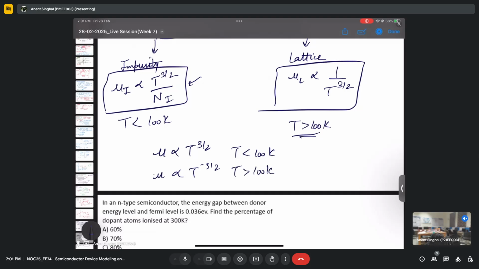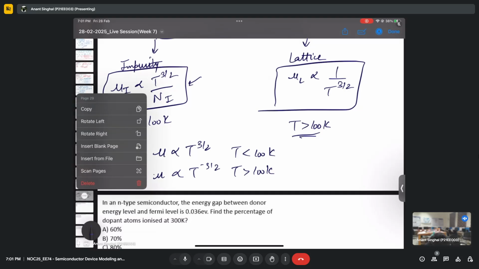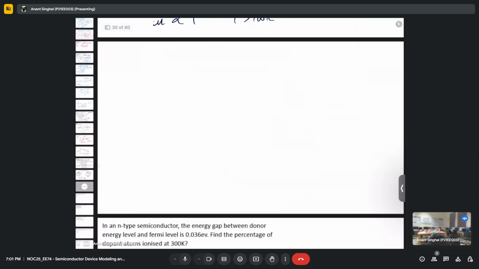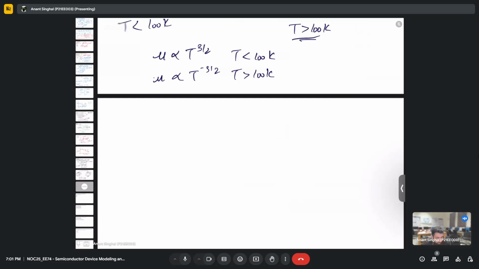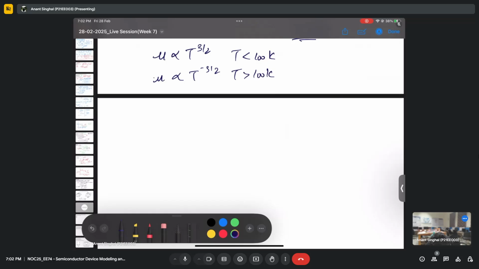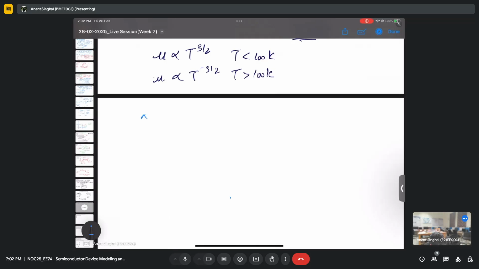And from this we can make a plot. The first one will have a positive slope of 3 by 2 and the second one will have a negative slope. If I now take the log of that, because we need something linear, let's do the log of both.